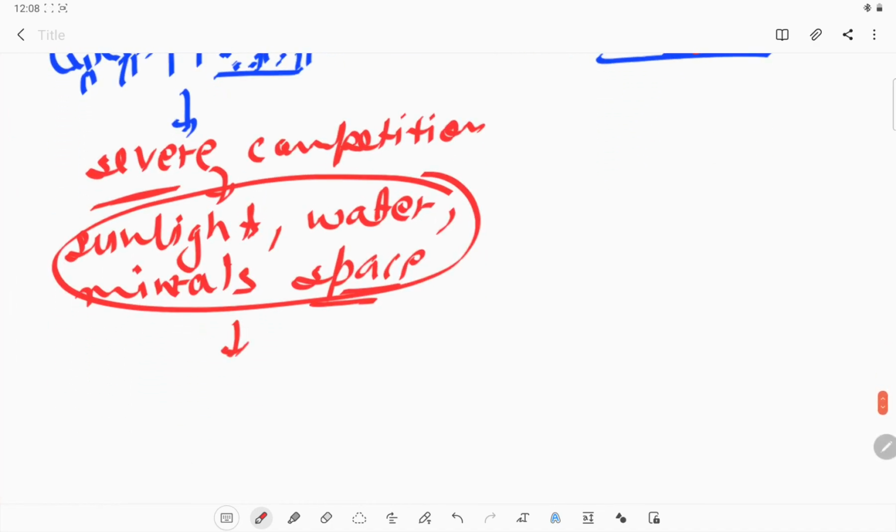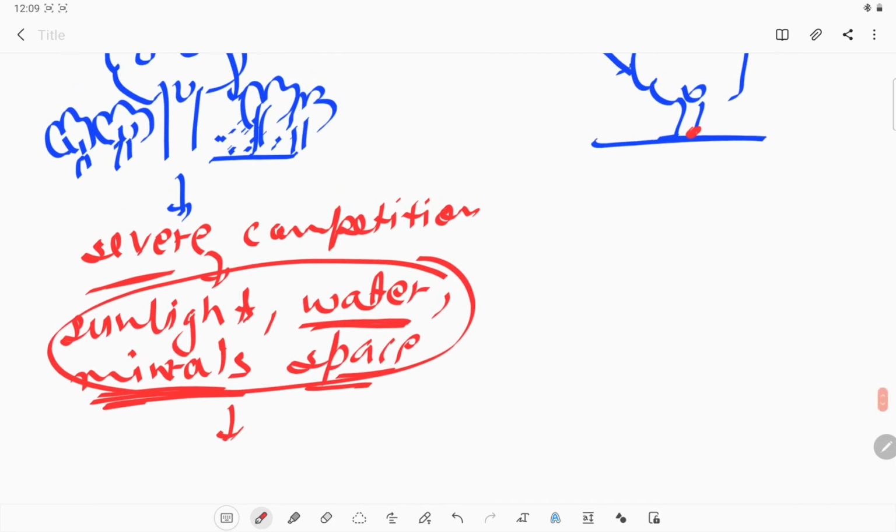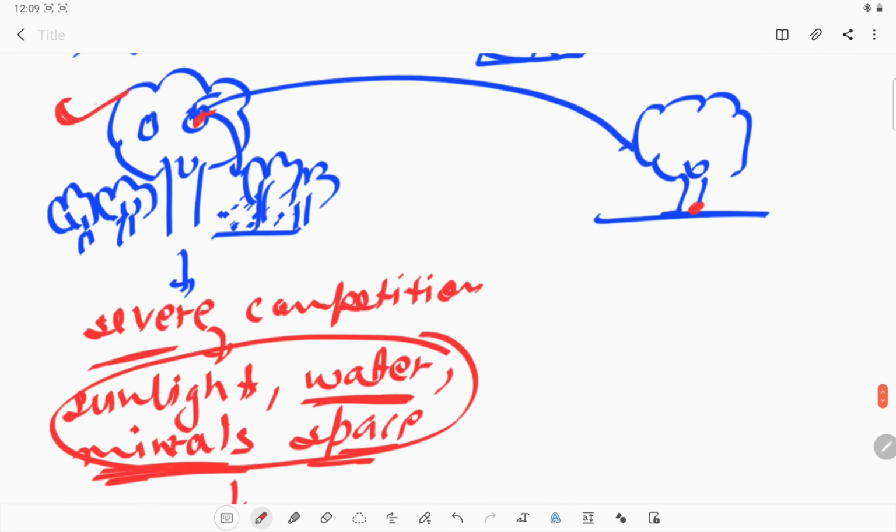Whenever we get seeds from the same plant or the same area, they do not get proper nutrients or proper water, because some plants are mature enough to get all the water and minerals they require, but some plants are not capable of absorbing all of those things.